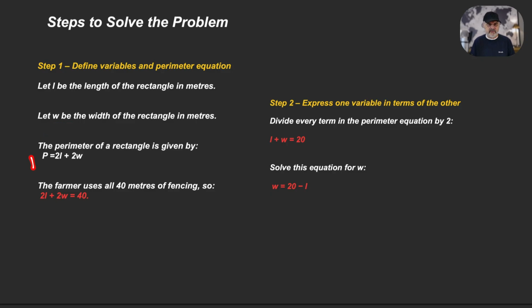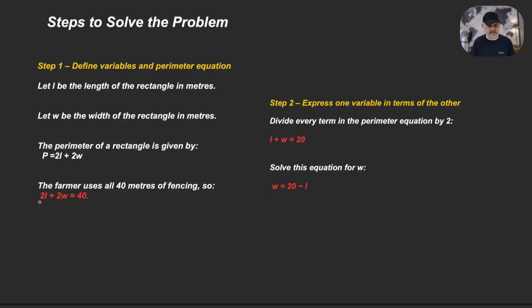So once we have L and W, the perimeter is 2L plus 2W. In the context of the word problem, I know that the perimeter is 40 because this is the fencing amount. Remember, 40 meters around. So 2 lengths and 2 widths is 40. Every time you have an equation, before you do anything, it is always a good strategy to make it simpler.